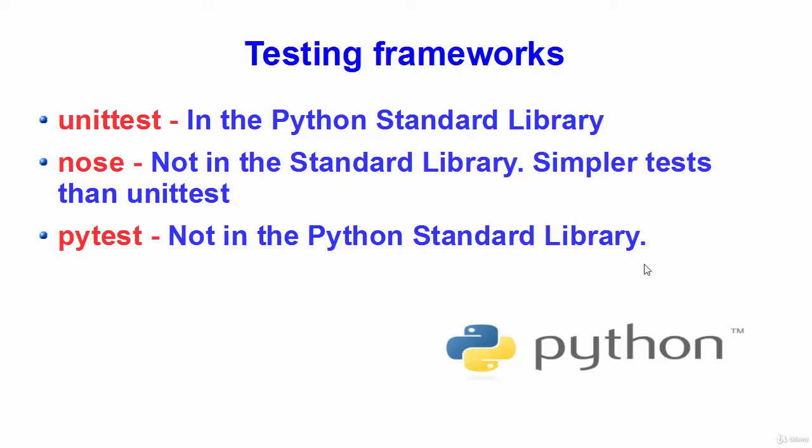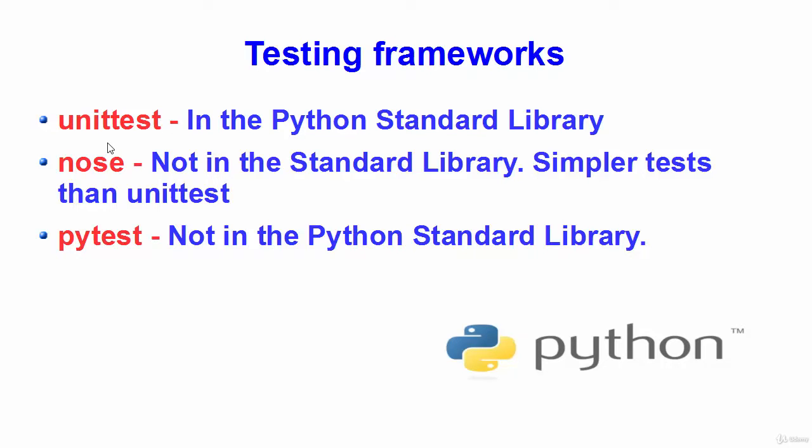Now let's talk about the unit testing frameworks which are available in Python. I have listed here the three topmost unit testing frameworks which we can use to write our unit tests. The first module is the unittest module, which is present in your Python standard library, so you don't need to install any extra module in order to use it.